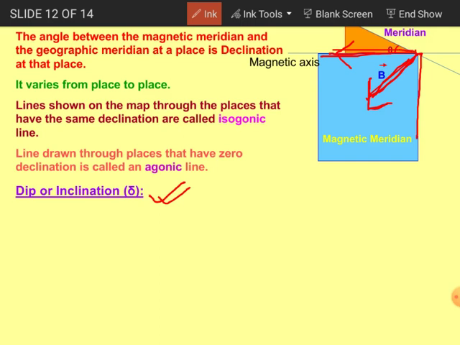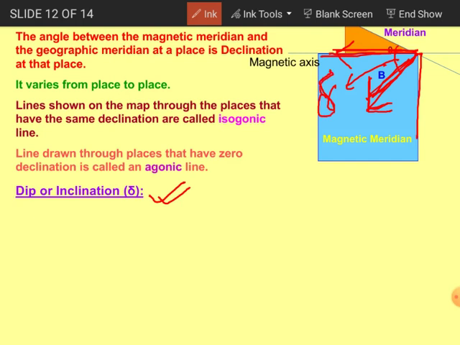Got it? So that angle between the Earth's magnetic field and the horizontal direction in the magnetic meridian, we call the angle of dip or inclination, and it is denoted by delta.